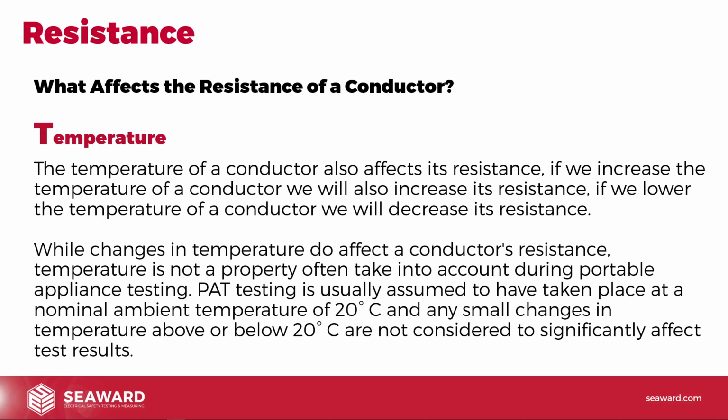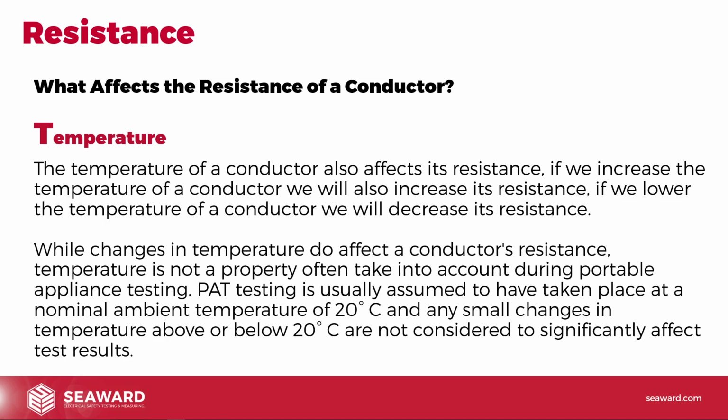If we were looking for really high levels of accuracy, we could correct for temperature when we do PAT testing. And if we're dealing with very hot or very cold cables, if you're PAT testing and it's almost freezing, or the leads are really hot, potentially you could see changes.